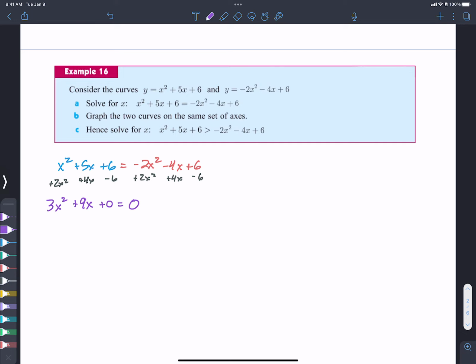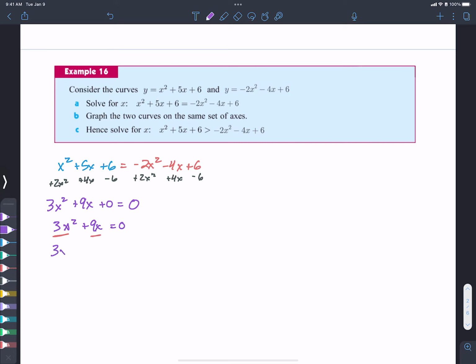So again, what I've done is I've combined both of these two things into one equation, just like we did above. And now I'm going to try and solve for x for this one. So 3x squared plus 9x equals 0. I can see that I've got a common value of 3x in both of these.